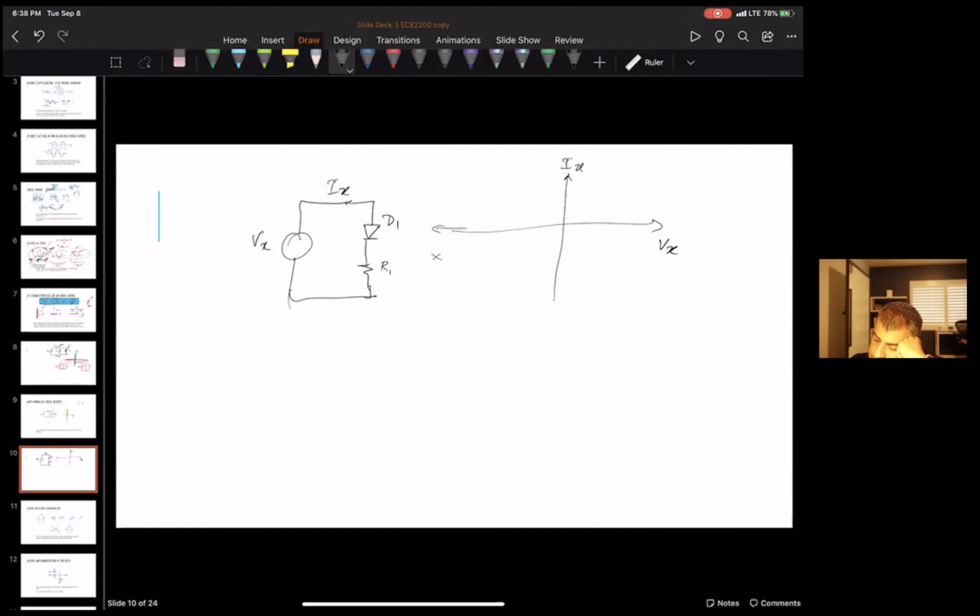If V sub X is very negative, let's say this point is at minus 100 volts and this point is at 0.